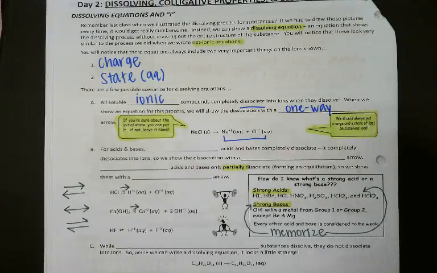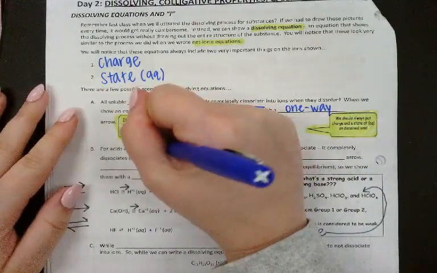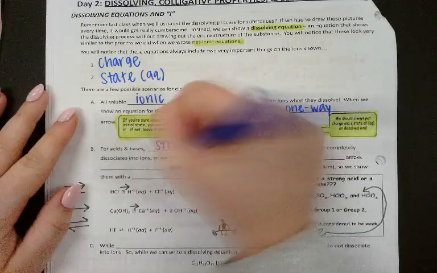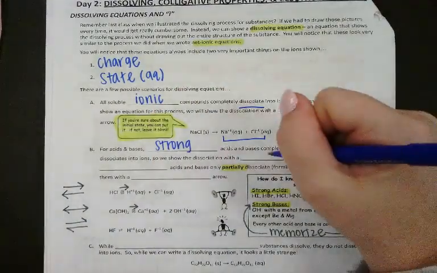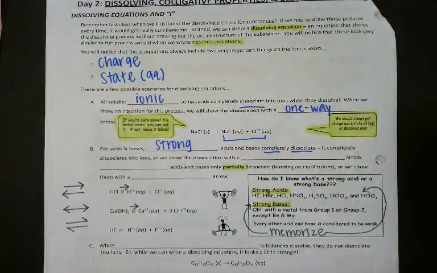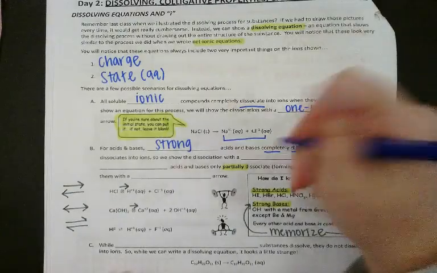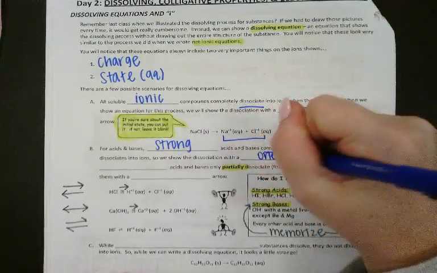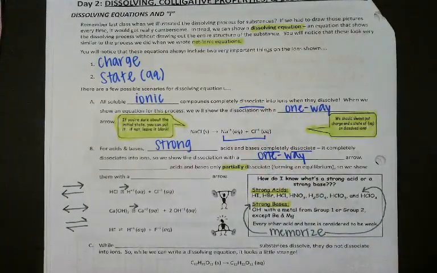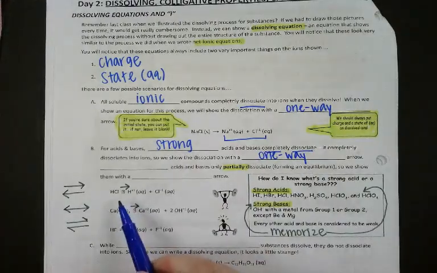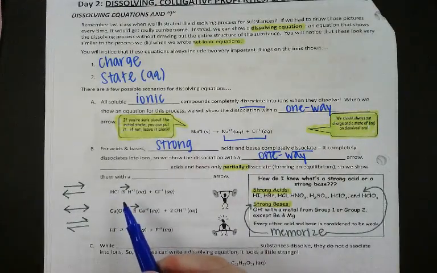Next part is for acids and bases. Strong acids and bases completely dissociate into their ions. So we show the dissociation with a one-way arrow. So you can see right here, HCl, hydrochloric acid.